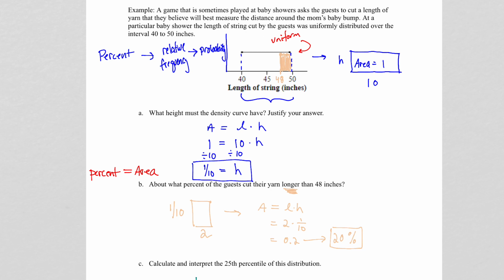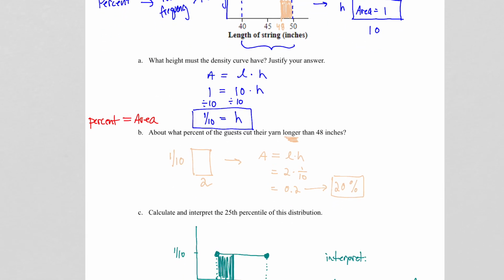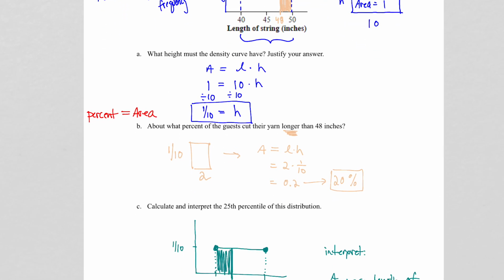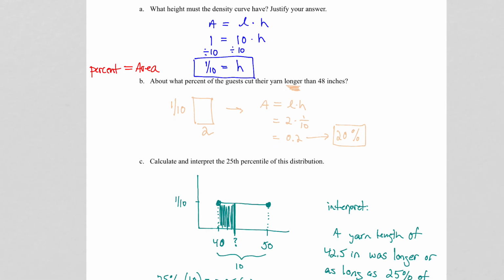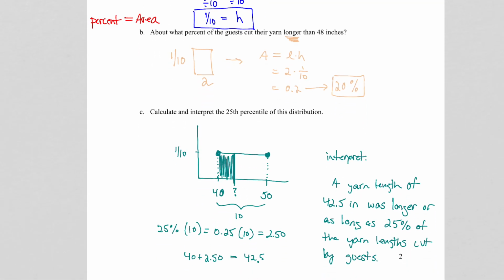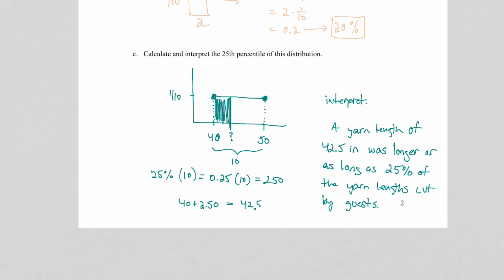We've learned how to find the height of a density curve, how to find a percent of a uniform density curve, and how to calculate and interpret a percentile of a uniform density curve. Okay, I'm going to stop there. In the next video, we're going to be talking about the normal curve and the empirical rule.